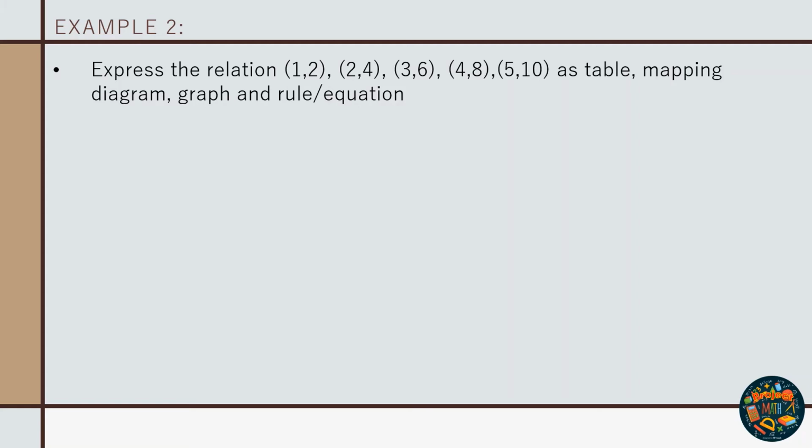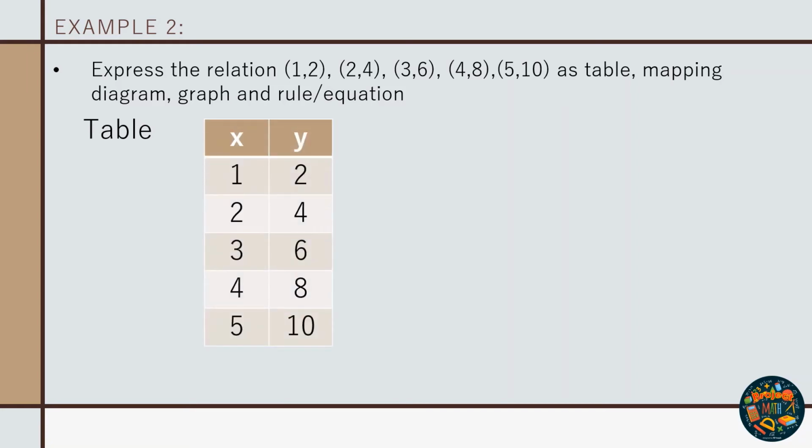Example number 2. Express the relation (1, 2), (2, 4), (3, 6), (4, 8), (5, 10) as table, mapping diagram, graph, and rule or equation. Okay? So, let's start with the table. Ilagay lang natin sa x values lahat ng domain and sa y values lahat ng range.